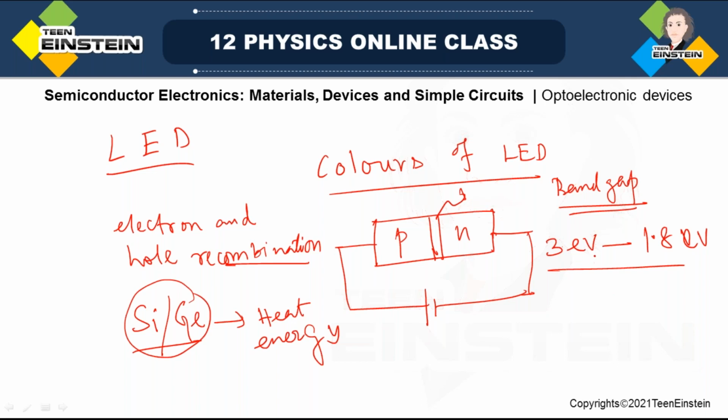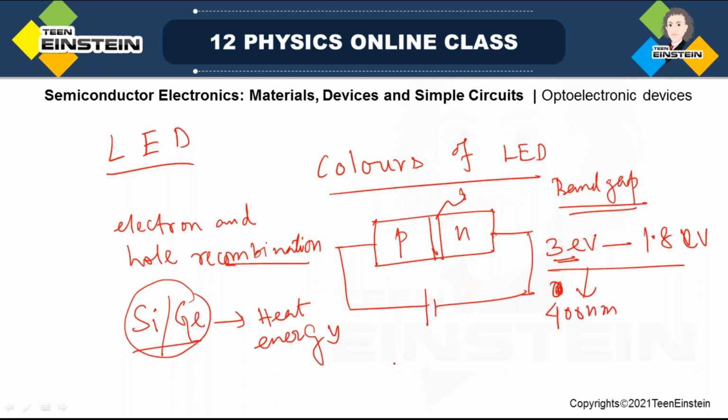Why? Because if you use materials having a band gap around 3, this will produce light which will be in the nearly 400 nanometer range.